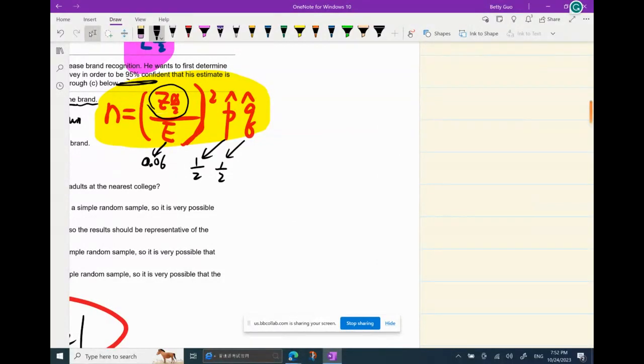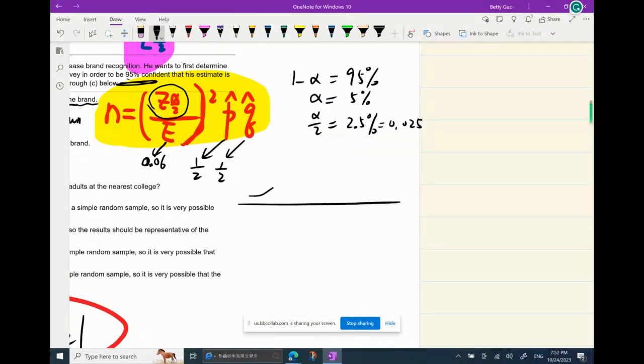So here, 1 minus alpha equals 95%. Start from there and find alpha. Alpha would be 5%. And then find half of alpha, which is 2.5%, or 0.025. And then we're going to draw a z-curve. Not the best, but you know. So this value is going to be the z alpha over 2.